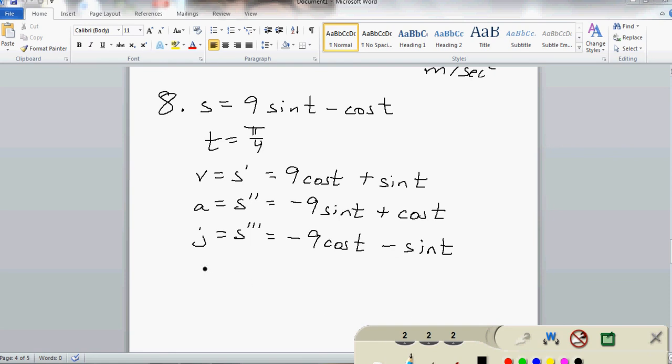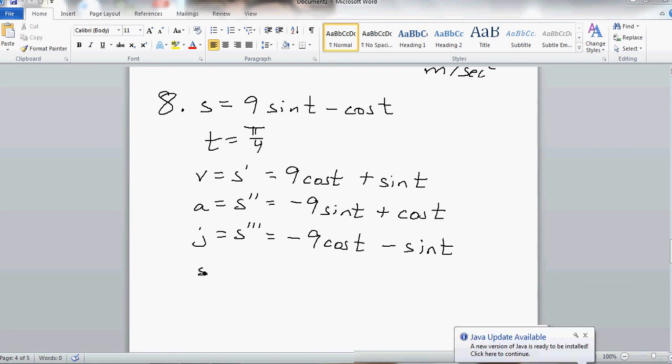And now we can finally plug in into s triple prime of pi over 4. So we get negative 9 times the cosine of pi over 4 minus the sine of pi over 4.